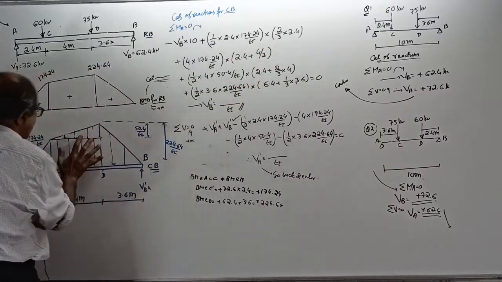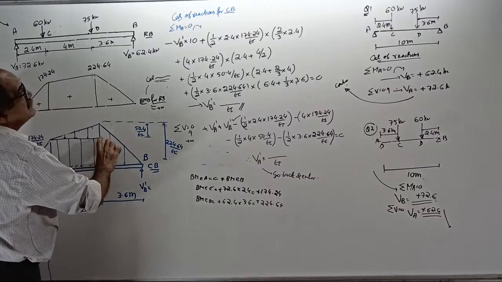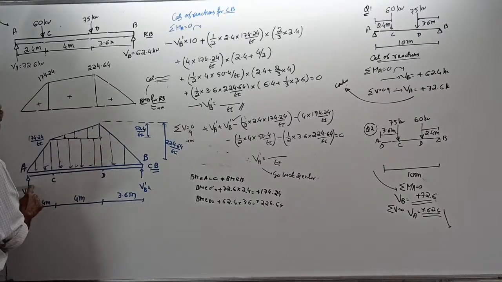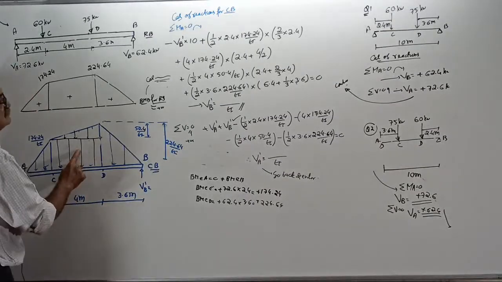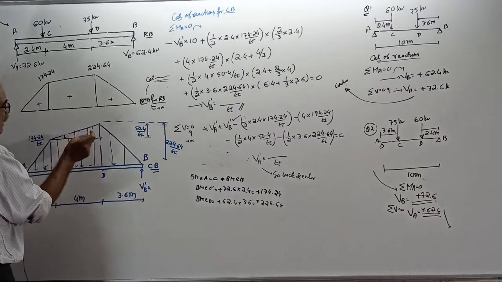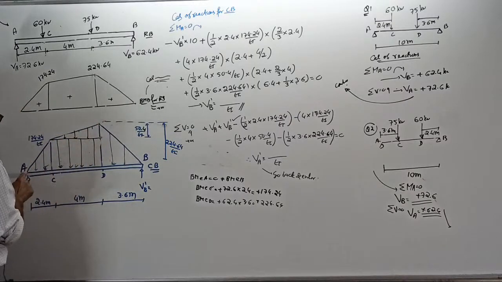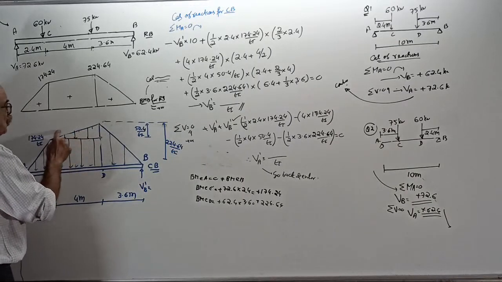Then, this rectangle. 4 into 174.24 is the total load into 2.4 plus half of 4, center, plus this triangle, half into 4 into 50.4 into bracket, 2.4 plus CG is here, 2/3.